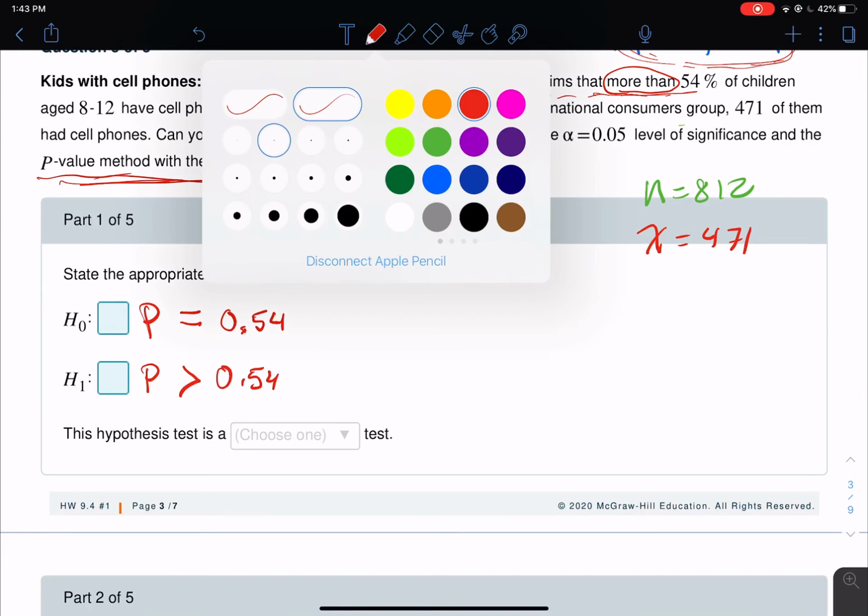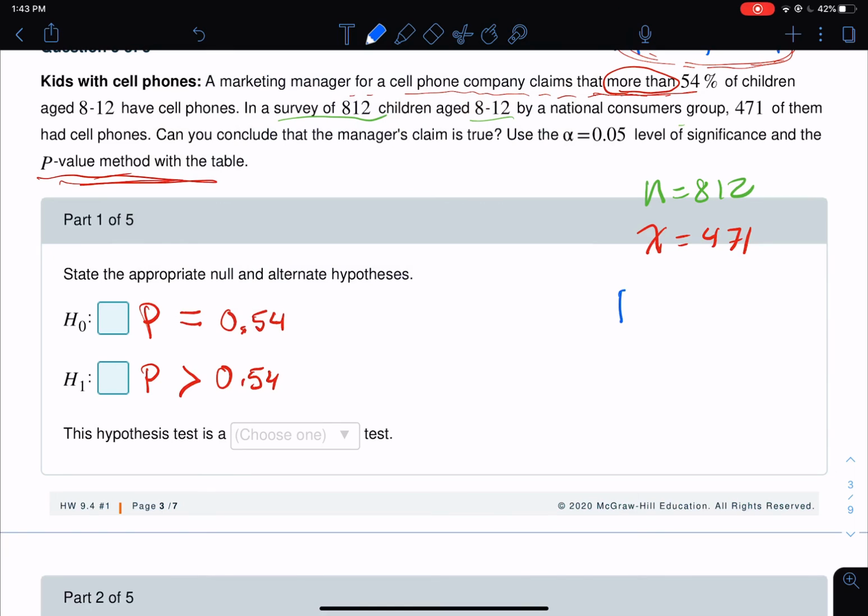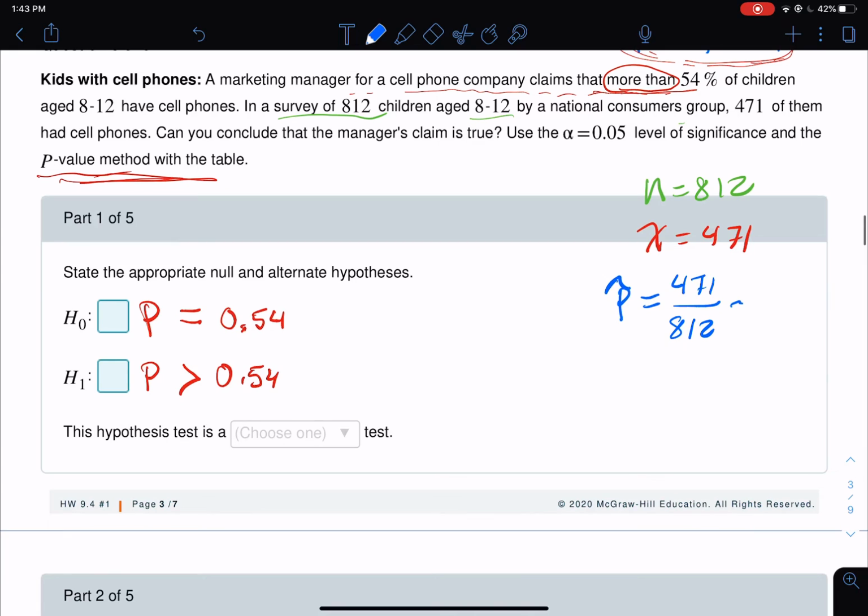So that allows us to make our sample proportion. Remember, that's just the kids that have cell phones over the total sample size. We can go ahead and figure that, and it ends up being approximately 0.58.